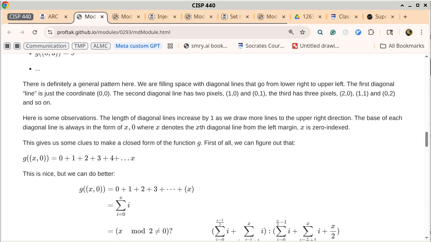So the way to do that is to first recognize that everything on the first row is going to have the g value of anything on the first row, because you can see how y has a value of 0 and x is really just the x coordinate. So whatever this x is, the value is the summation of 0 plus 1 plus 2 all the way up to and including x itself.